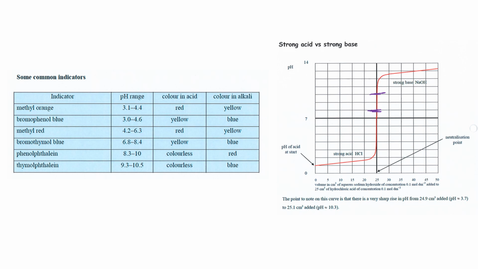So if we look at the strong acid, strong base, the vertical region is pretty much from here, which is 11, to here, which is about 3. So we need indicators that change between 3 and 11, and that is basically all of them. So for a strong acid, strong base titration, you could use any of the indicators that you wanted to.